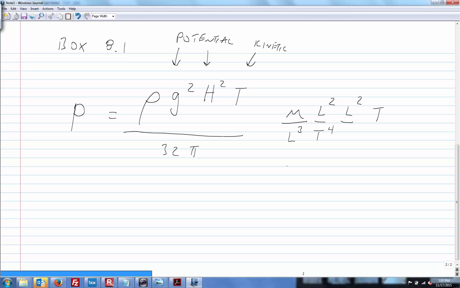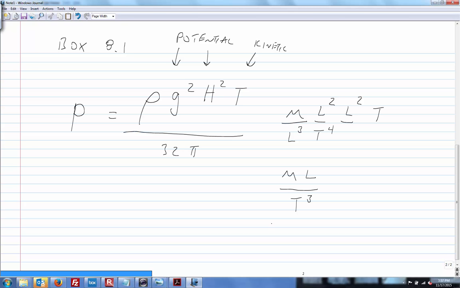So let's do a little simplification. And let's see, what do we have here? g squared h squared, length squared, length squared. Density, oh yeah, nice, okay, cool. We've got mass, we've got length to the first power, right? Because it was length to the fourth divided by length, and then over time cubed.